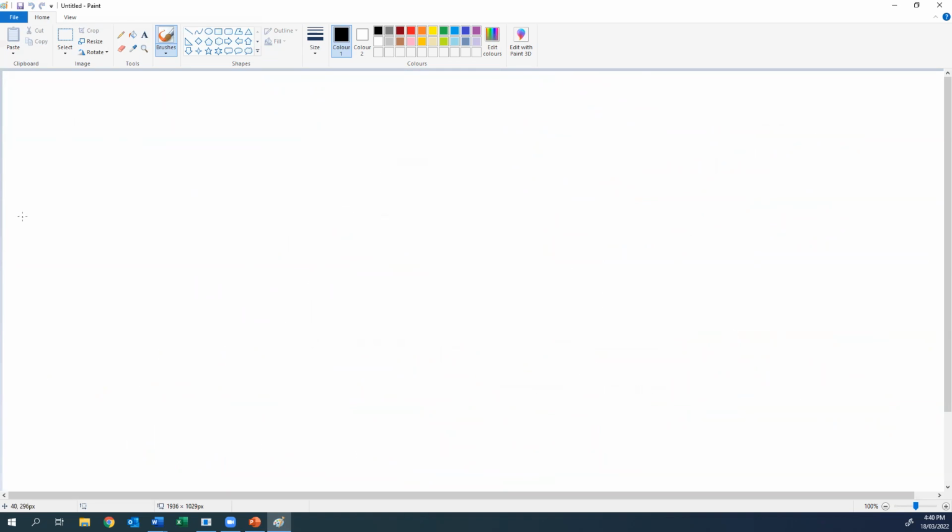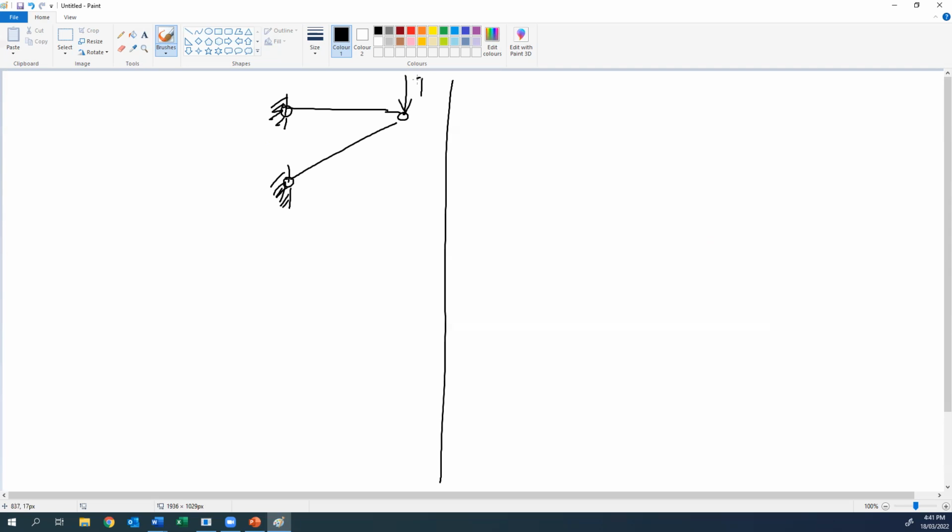Okay, now we will divide it like that. So we have here our truss, this member A, B, C. How can we find the forces in member BC and AB?